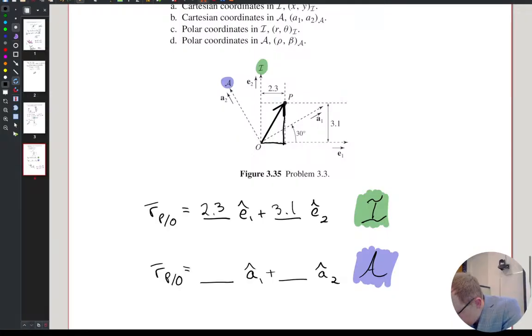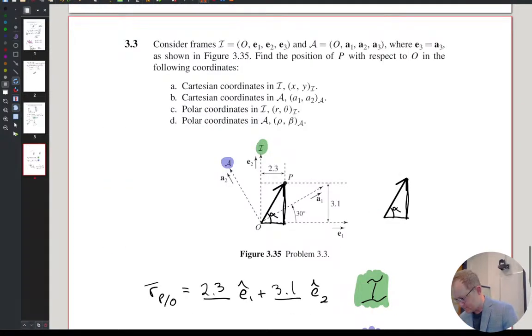right now if I call this angle alpha, that's my defining something like this.